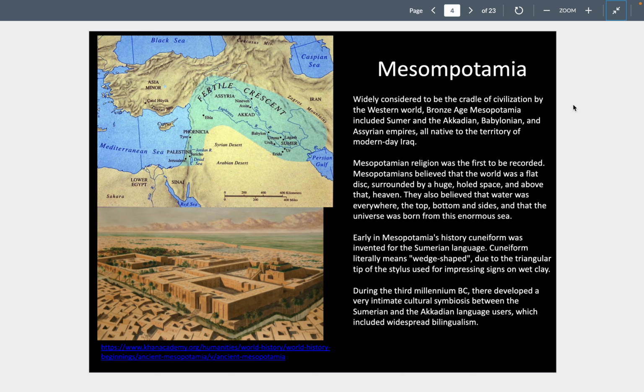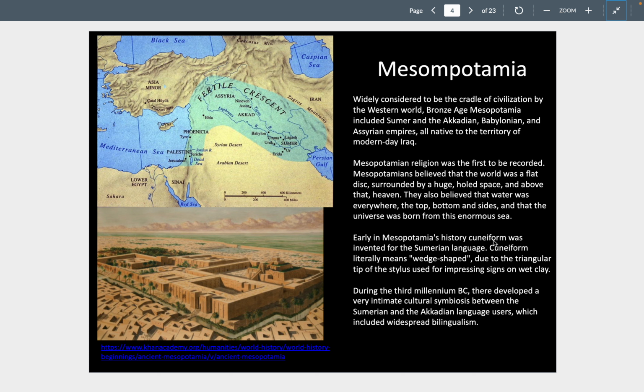All of them are going to have times where they're very powerful in this Fertile Crescent, in this area between the mountainous areas in Asia Minor and Iran, where the rivers, the Euphrates and the Tigris, run. In this area, you're going to find really good farmland.